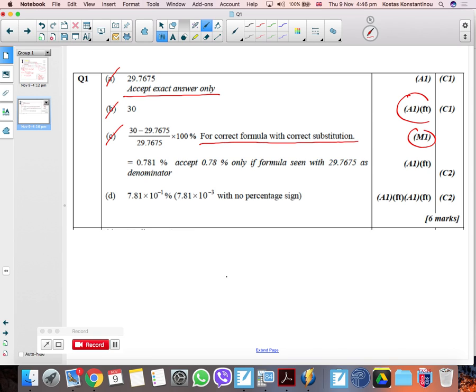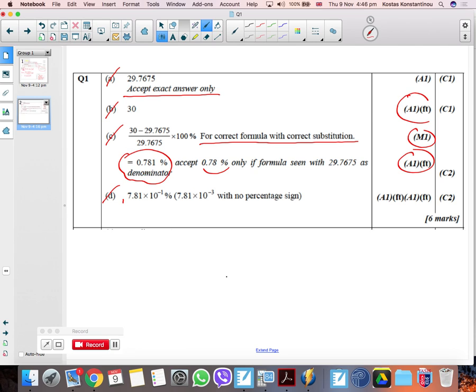The formula is in the formula booklet, substitute correctly and you get the 1 mark. And then 0.781% in 3 significant figures. They accept it actually even 2 significant figures here, if the formula was seen with the 29.7675, but that's a special case. And then there was follow through here also if you made a mistake before.